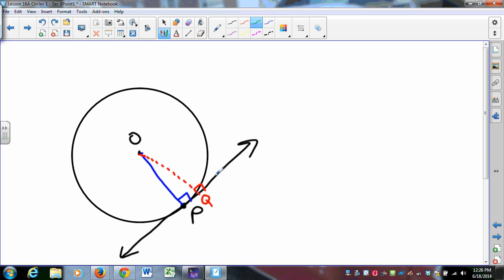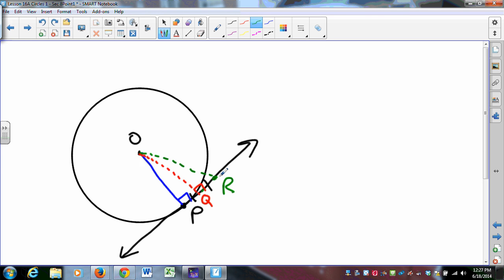We say, hey, there has to be a point out here, R, where PQ is congruent to QR. If you connect the dots, we've got a congruent side, a right angle, and a reflexively congruent side. So triangle OPQ is congruent to triangle OQR by side angle side.